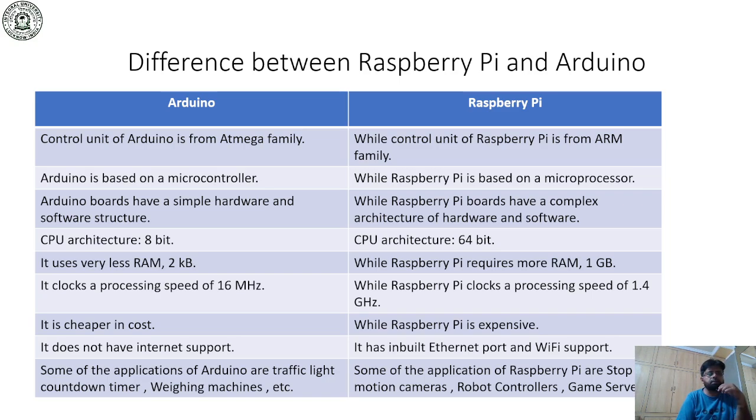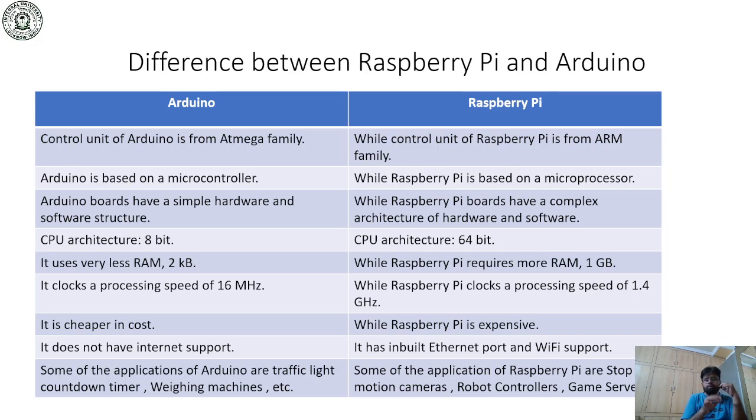The first point is that the control unit of Arduino is from the Atmega family, and the processor in Raspberry Pi belongs to the ARM family. Arduino is based on a microcontroller, while the Raspberry Pi is based on a microprocessor. Microcontrollers are designed for specific operations, and everything is built on a single chip.